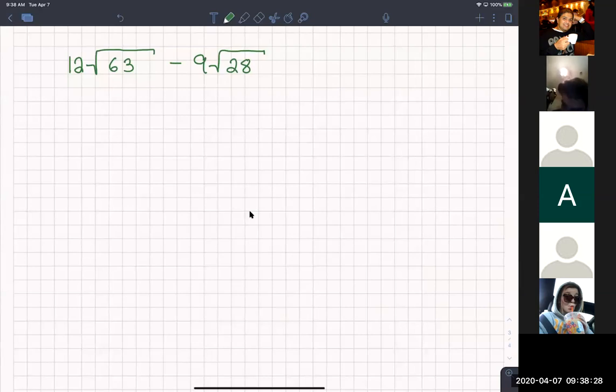Remember, we have to simplify when we can. So can I simplify 63? Yes. Okay, into what? 9 and 7. Good. And can I simplify 28? Yes. Into? 4 and 7. Good.